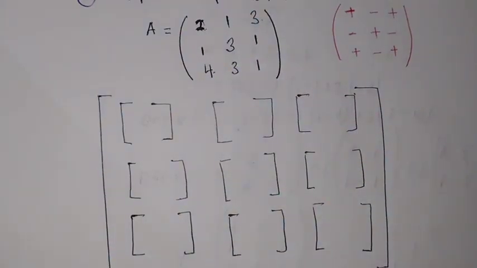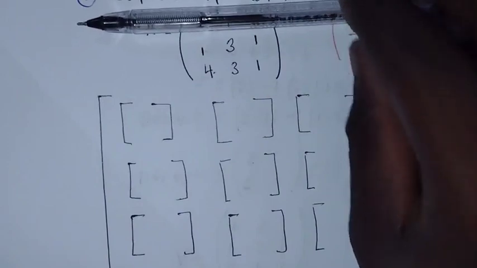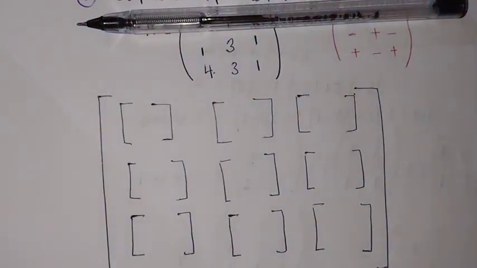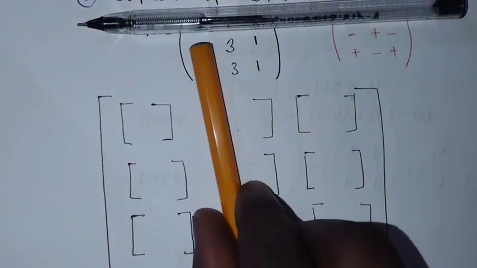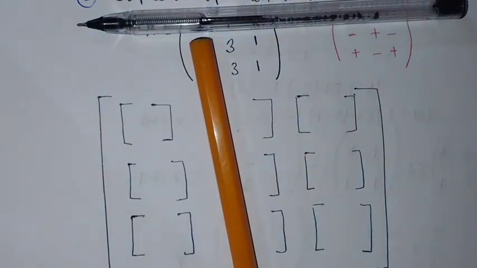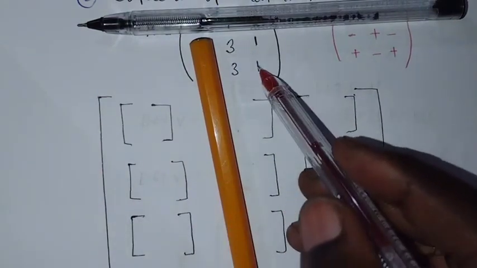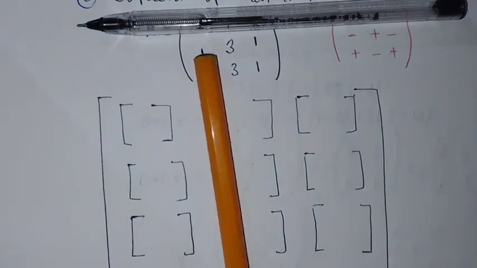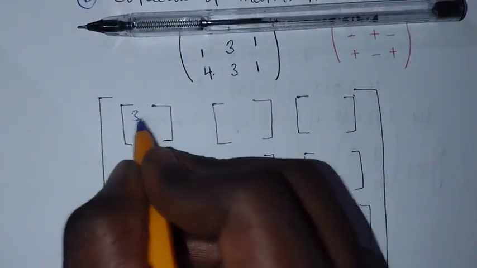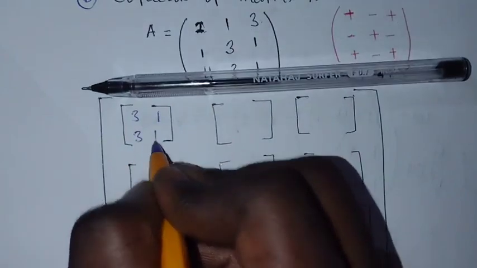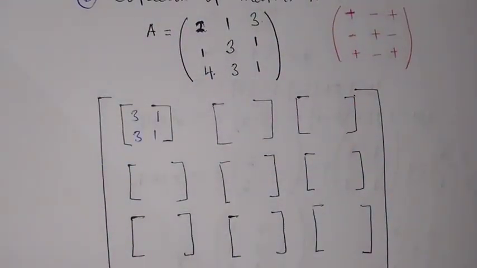That is what we are going to do. So we are going to cover this one, then we are also going to cover this one. Now this time around, we'll just be picking these entries here. So 3, 1, 3, 1. That's what we are going to pick, and we write here 3, 1, 3, 1. Then we are done.